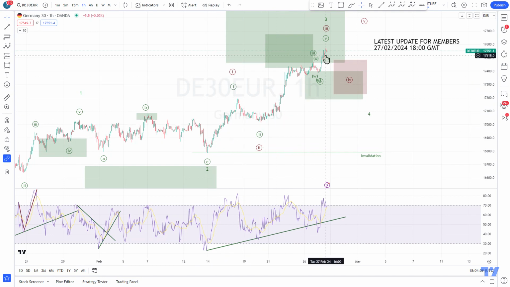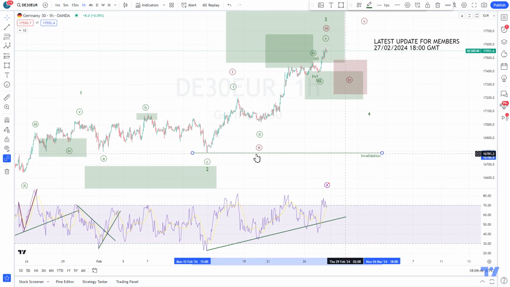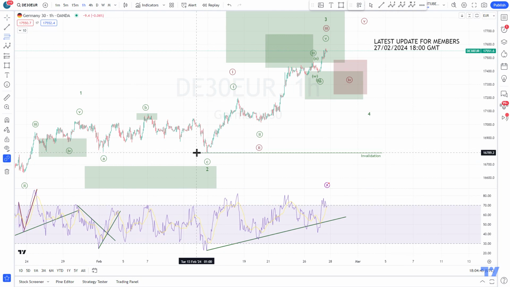So one scenario here in green, where the wave 3 was in right here, assuming that the high was in right here, of course we can still have a new marginal high somewhere here. Let's have a look at the 15-minute. But so here in the 1 hour, the high in right here, and then we should make a wave 4 correction against this invalidation level here, this wave 2 low.